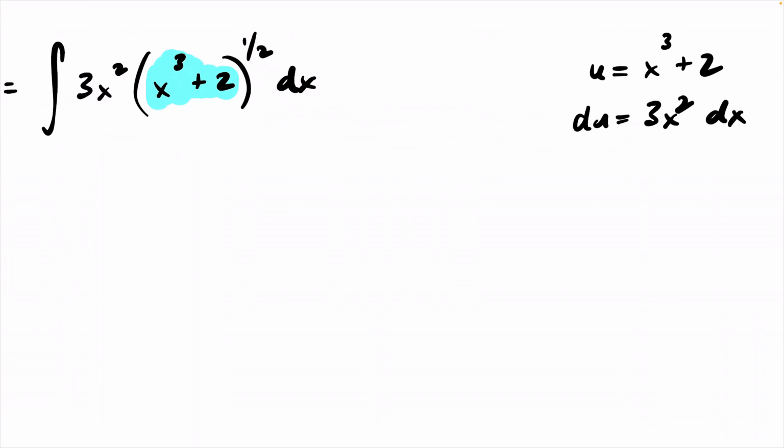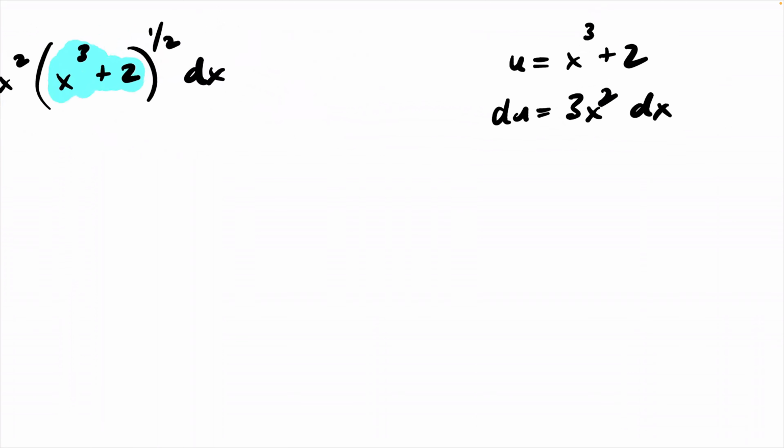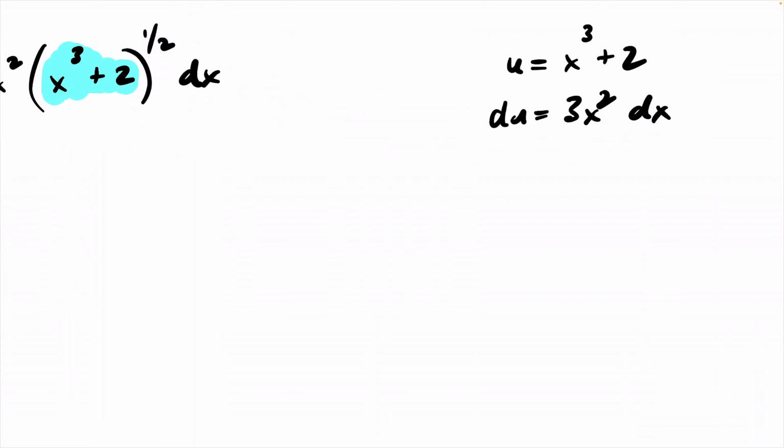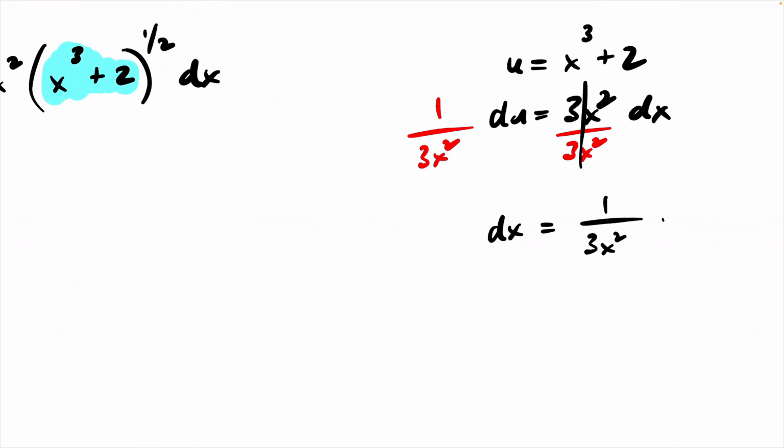Always put the dx there. Next step, solve for dx. So what am I going to do to get dx by itself? Divide by 3x squared, right? So 1 over 3x squared. I'm going to flip-flop these. So dx is going to be 1 over 3x squared du.